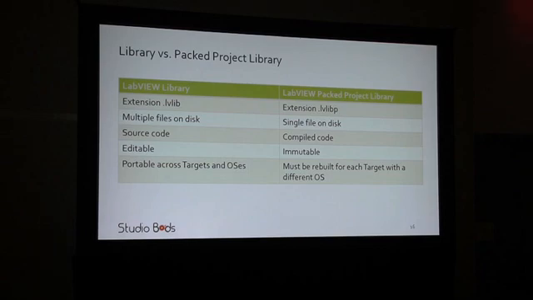Fabiola has a good point. Starting with LabVIEW 2017, there is backward compatibility for packed project libraries. So if you build a packed project library in LabVIEW 2017, you can consume it in LabVIEW 2018 and further versions. You cannot consume a 2018 PPL in LabVIEW 2017.